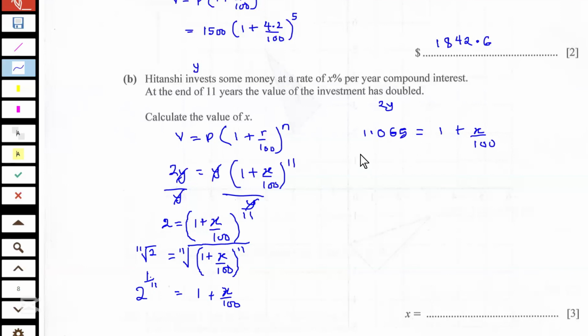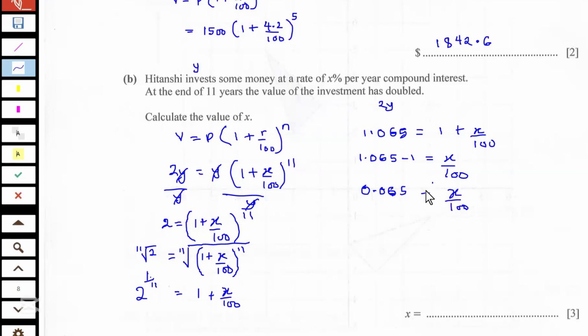So we have 1.065 minus 1 equal to X over 100. Before you cross multiply, first subtract 1 from 1.065, and that gives us 0.065 equal to X over 100.